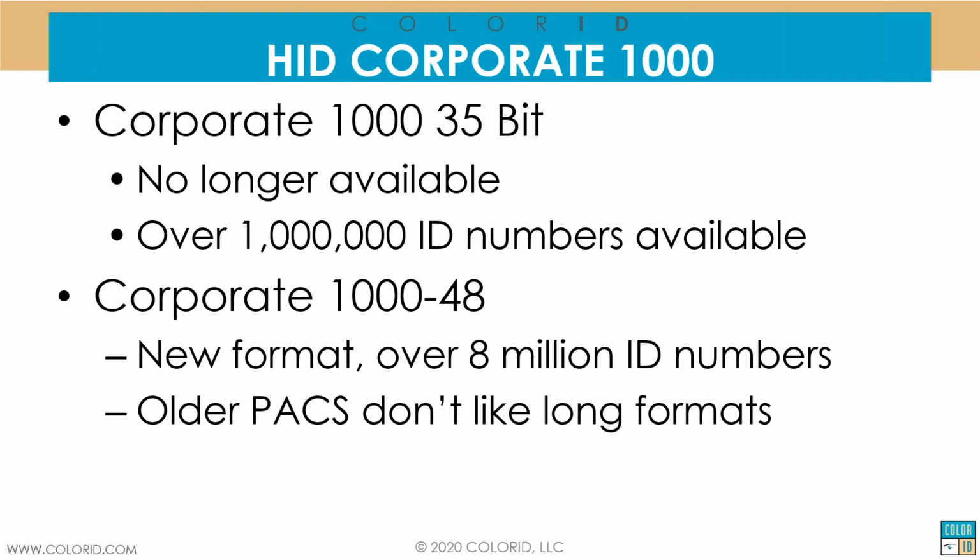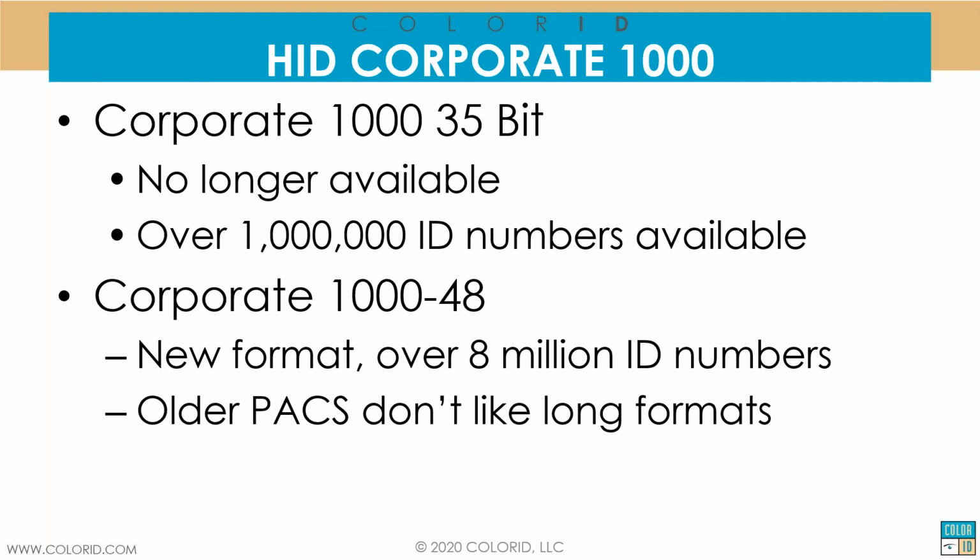So the managed formats, HID calls theirs Corporate 1000. 1000 doesn't have anything to do with the format, it's just what they call it. The original was a 35-bit format, but it is no longer available because at 4095, they ran out of facility codes. So they had to create a larger format.